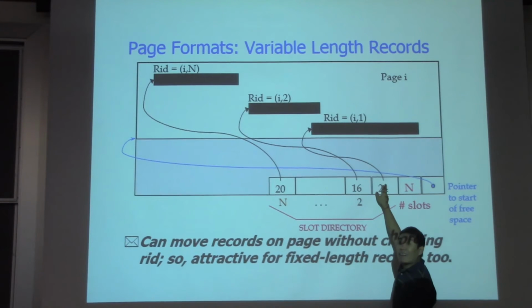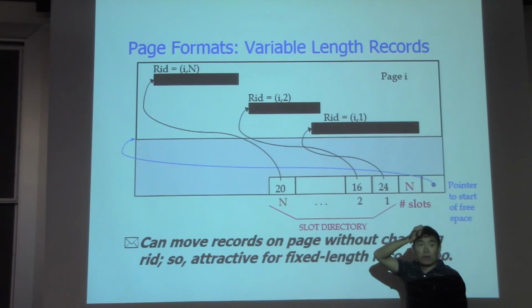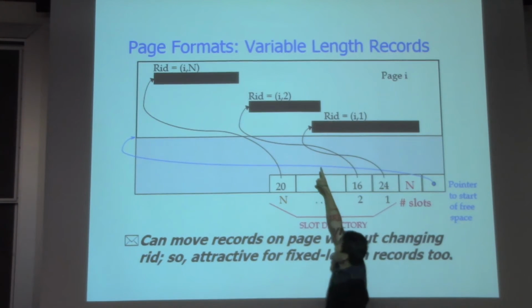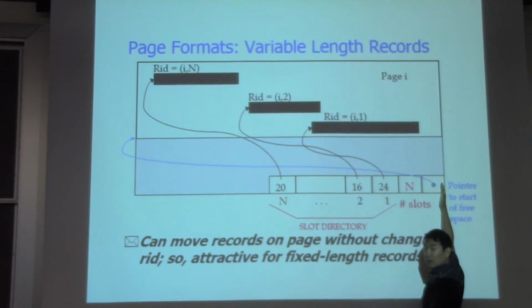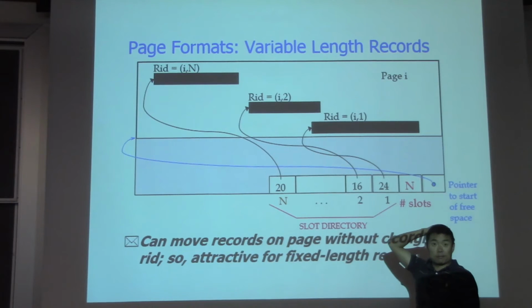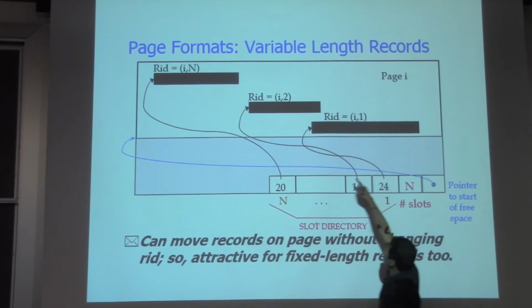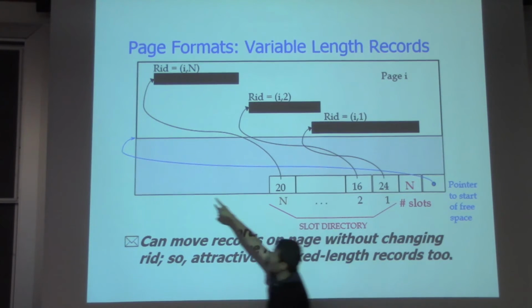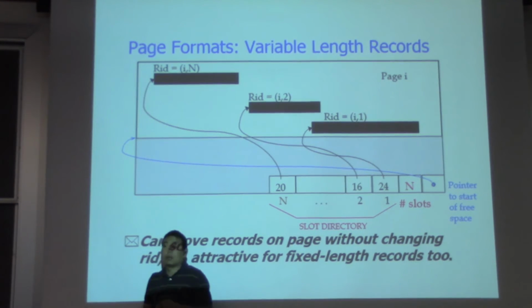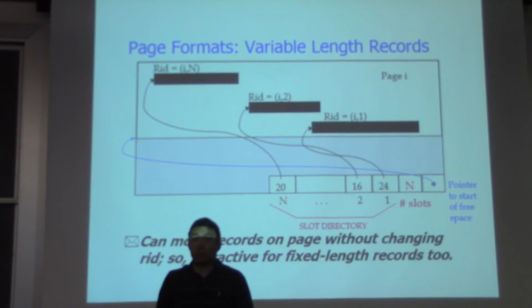Let's say this value is 700. What that means is the starting address of that record is 700 bytes away from the end of your page. In other words, the beginning address of this record is 200 bytes away from the beginning of the free space.